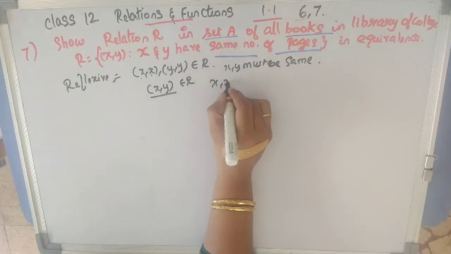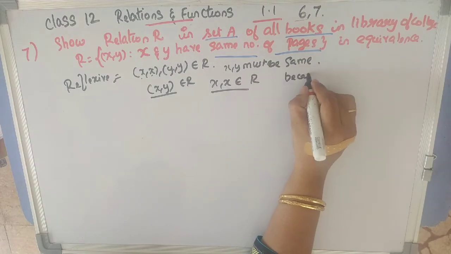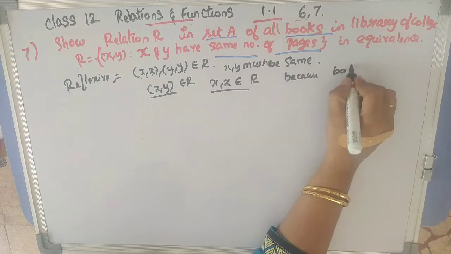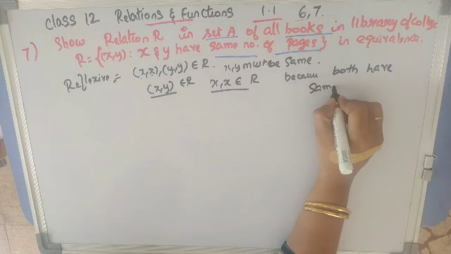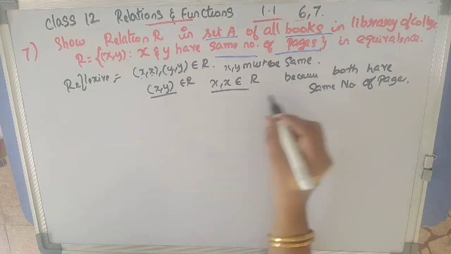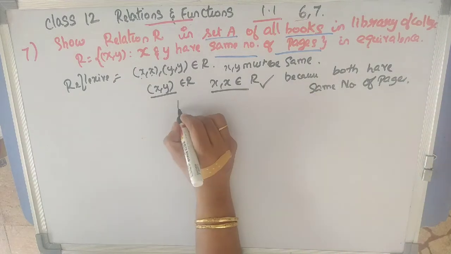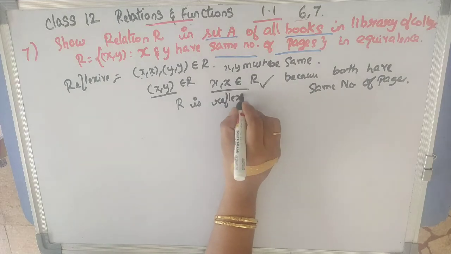Yes, because here in (X, Y) we are replacing it with (X, X), like identical twins, right? Both books should have the same number of pages, so why can't the ordered pair have the same book? The same book has the same number of pages. So this relation R is reflexive.